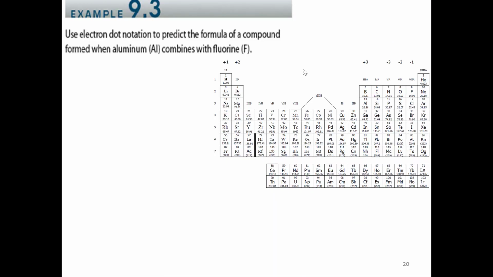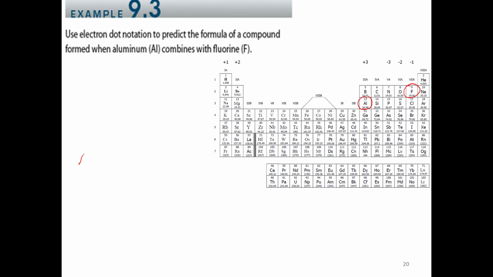In this problem, we want to use the electron dot notation to predict the formula of the compound formed when aluminum combines with fluorine. Aluminum is here, combined with fluorine. Because aluminum is in the third group, we know aluminum has 3 electrons in the last shell. Let's use the dot notation to represent that.